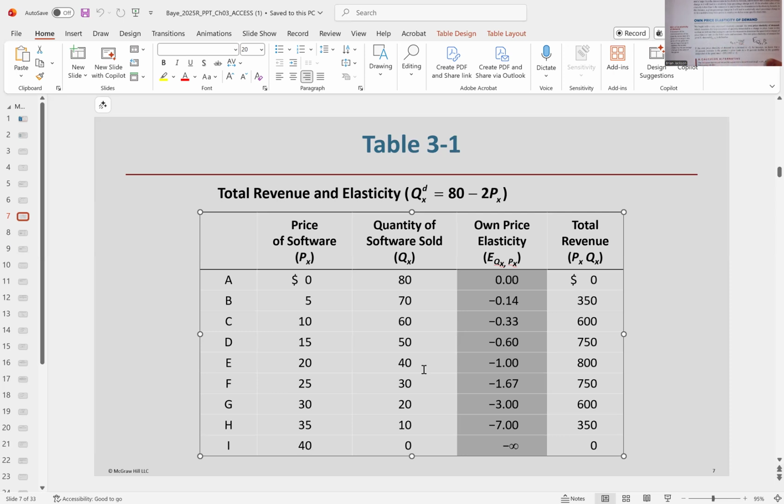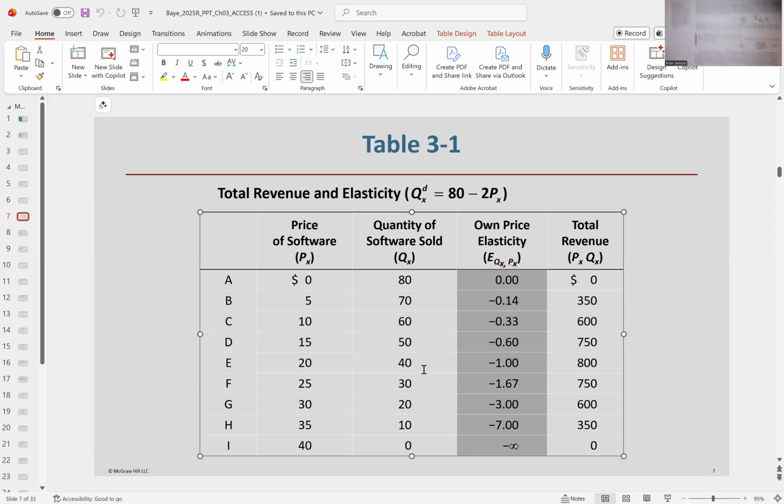The percent change in Q is delta Q over Q in the numerator, divided by delta P over P. That should look familiar to you as an expression for price elasticity of demand. We just rearrange the Q and the P. We leave the Q on the bottom, but the P in the denominator of the denominator you bring up. And so you can write P over Q times delta Q over delta P, and that's this derivative here.